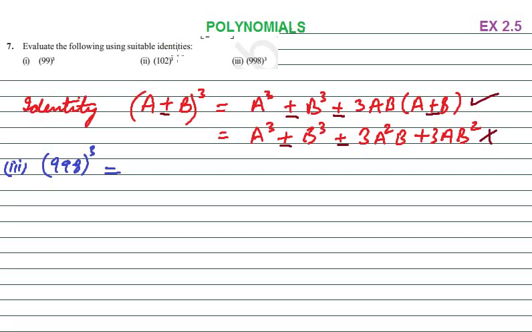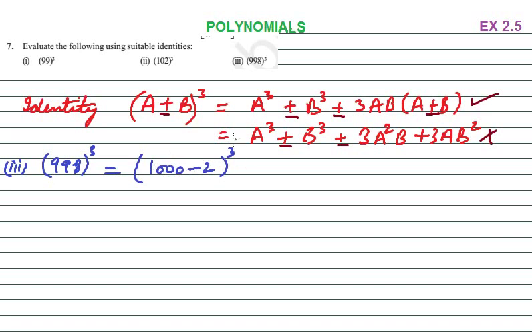It's written over here also, so I have no other option. So what will I do? I will rewrite 998 as 1000 minus 2. You should always try to write something as 100 plus 2 or 100 minus 1 or 1000 plus 2 or 1000 minus 2 and so on. So this term should be a multiple of 10.